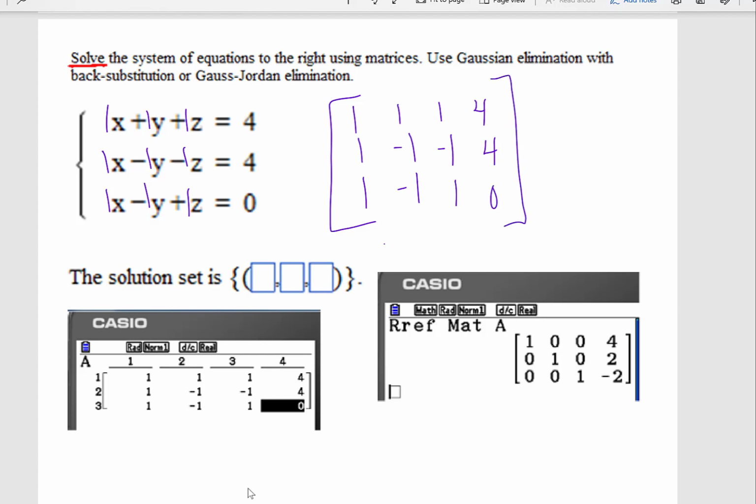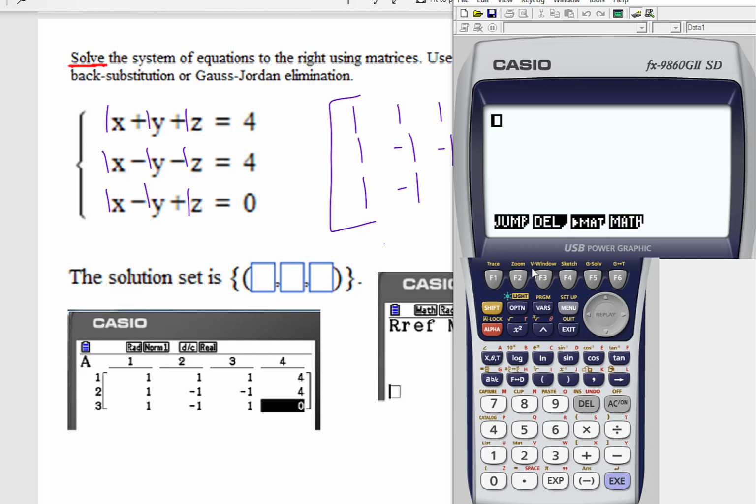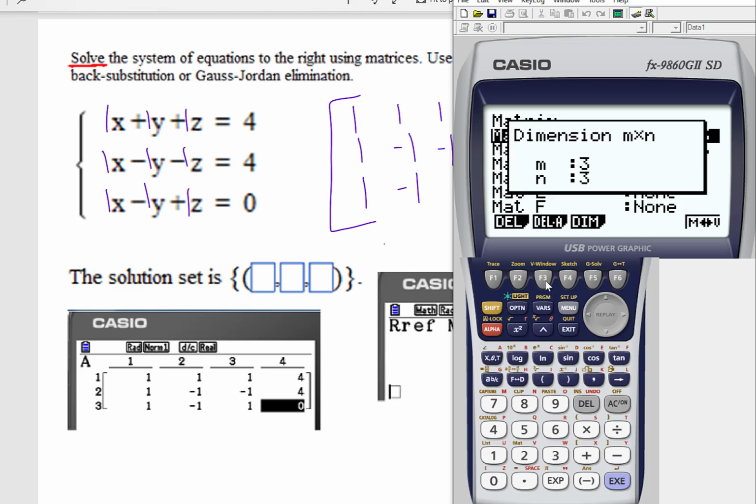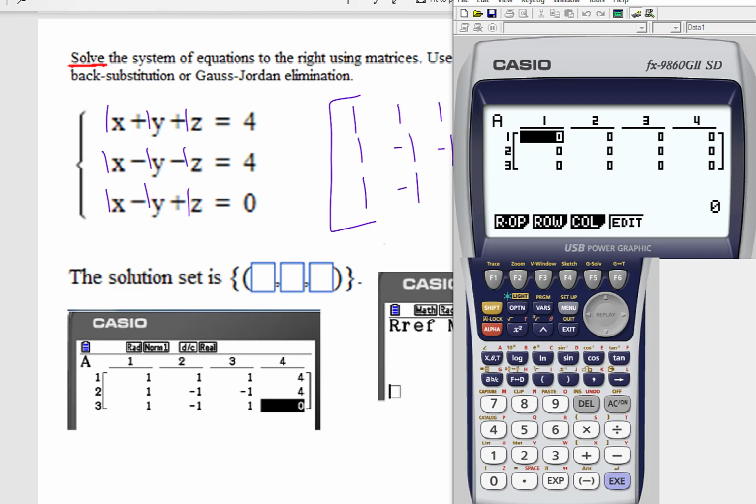Okay. F3 to actually get to that matrix. And then we need a 3 by 4. Okay, got it entered in there. So I'm going to exit out all the way to this screen, right?